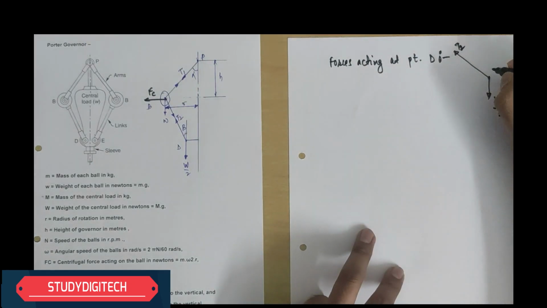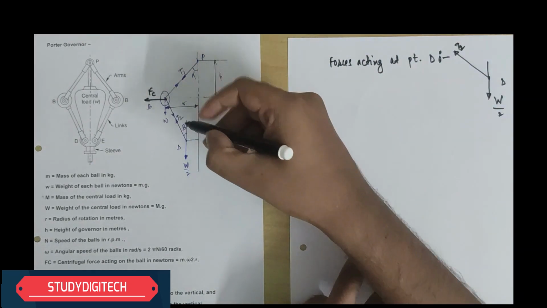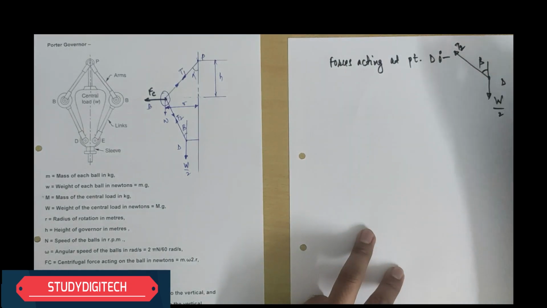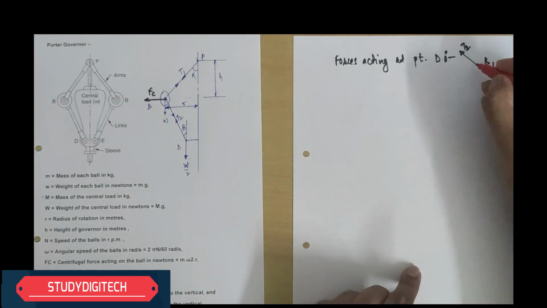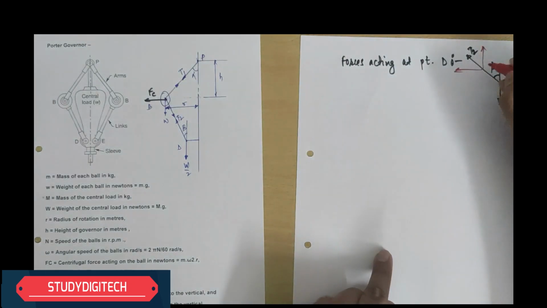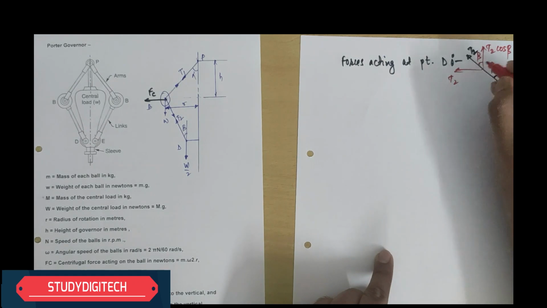So this link is inclined at an angle of beta. So now if we resolve this tension or force along link BD, we can get it as T2 cos beta, adjacent angle, and T2 sin beta, alternate.